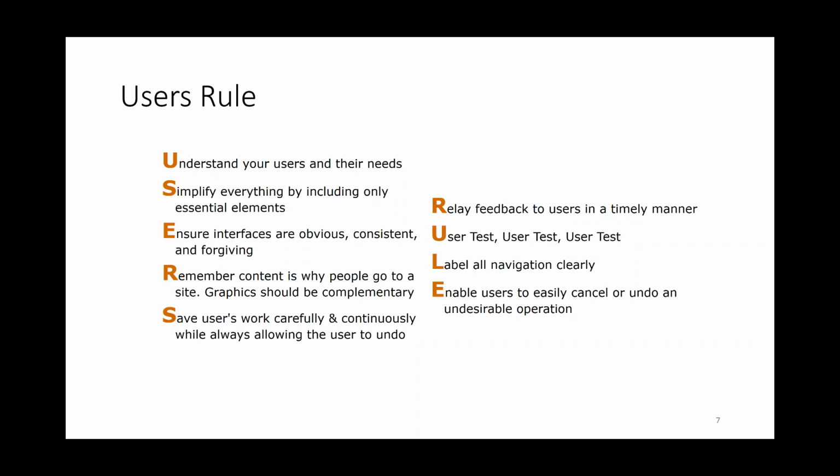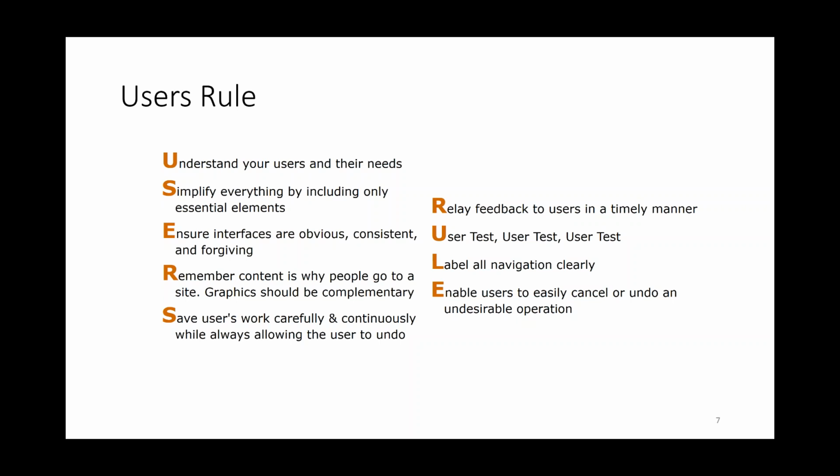You can use graphics and animation, but keep it to a minimum. Then again, provide undo options for the users if users make any mistakes. Get feedback from the users and test your system properly before you make it available.